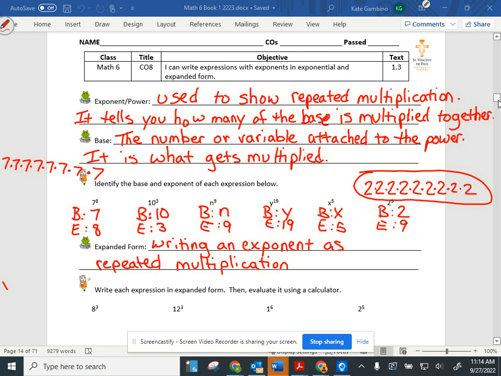What math am I doing? When you're writing it all out, you only see the base number being multiplied: 2 times 2 times 2 times 2 times 2 times 2 times 2 times 2. You're only multiplying out your base. The exponent, you're not actually multiplying that number. That's just telling you how many times we're multiplying the base. When you're showing the base and the exponent, it's going to look like this. When you're showing the expanded form, it's going to look like that.